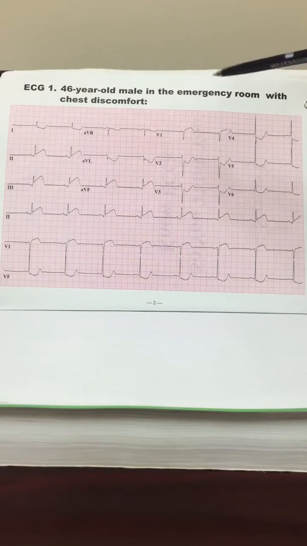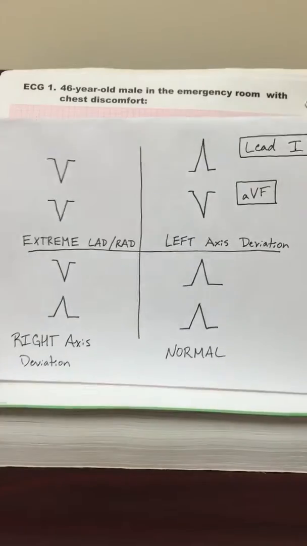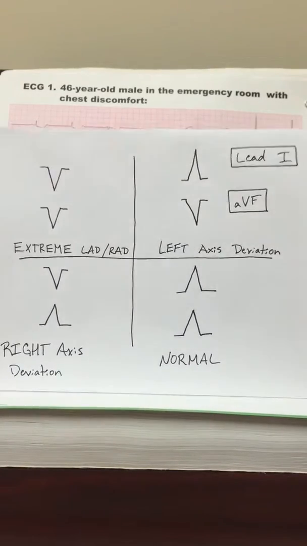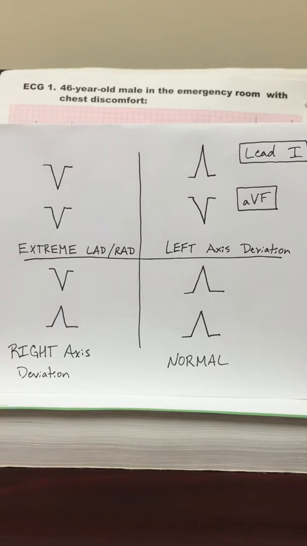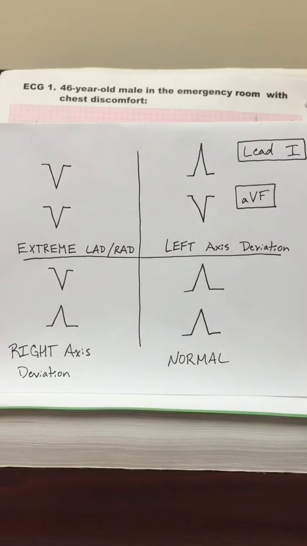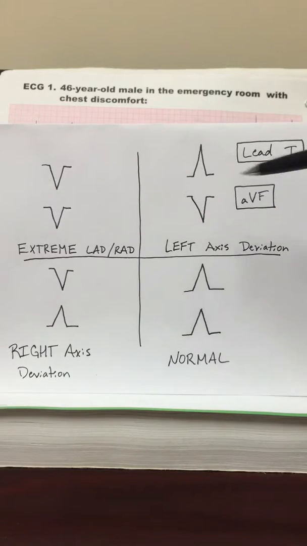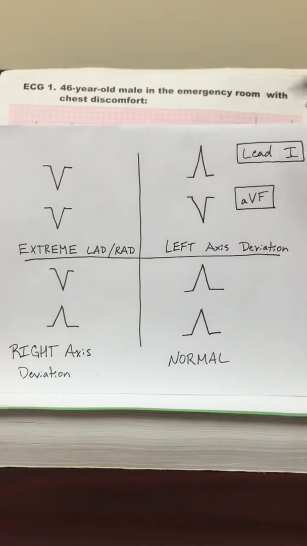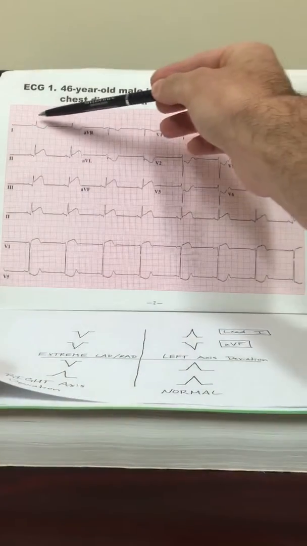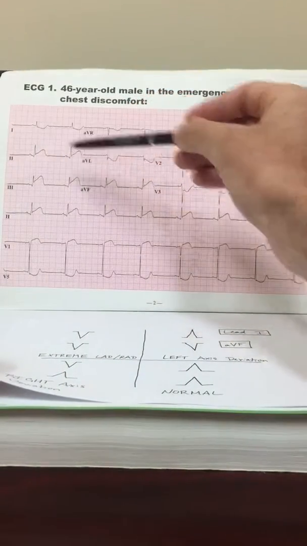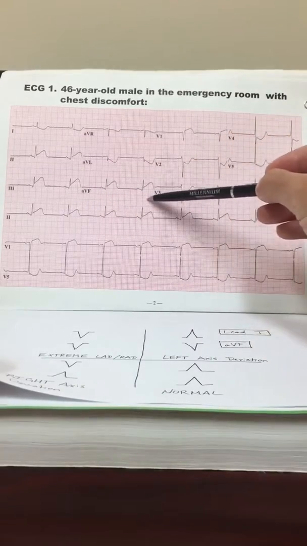The next step would be to look at the axis, and to do that, this is a helpful chart that I memorize and have in my head all the time when I'm approaching an EKG. So to determine the axis, you want to mainly focus on lead 1 and AVF. So here that would be lead 1 and AVF right there.